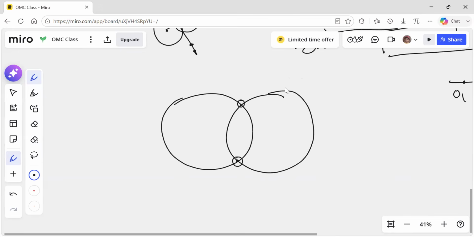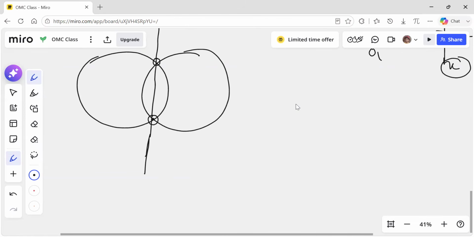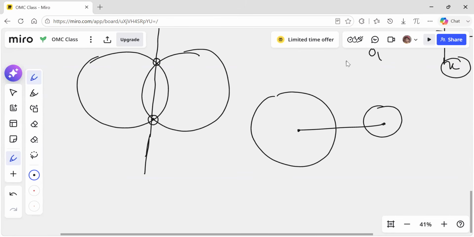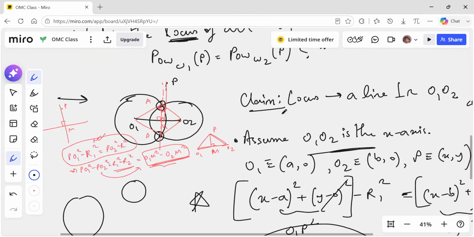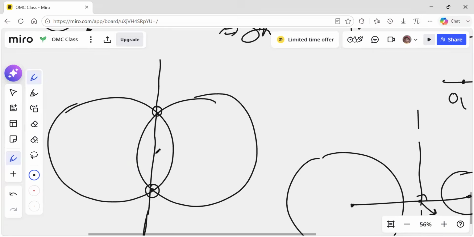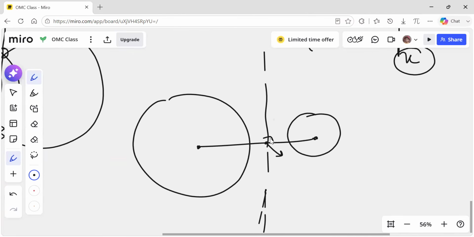Two points determine a line and the radical axis is a line, so it should precisely be the line through the common chord. So this should be the radical axis in this case. And even if they're not touching, the radical axis should lie somewhere over here. You can manually calculate where this point M should be based on whatever we did here. That is quite helpful in finding where the radical axis intersects the line joining the centers.